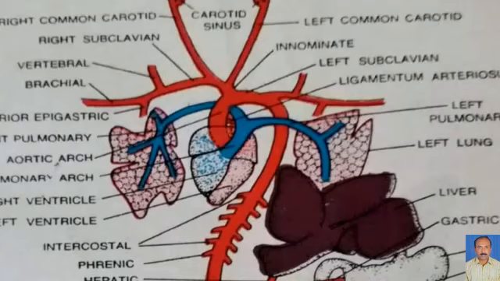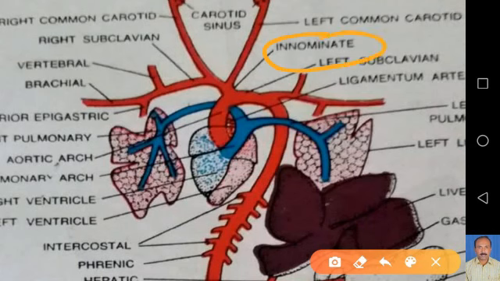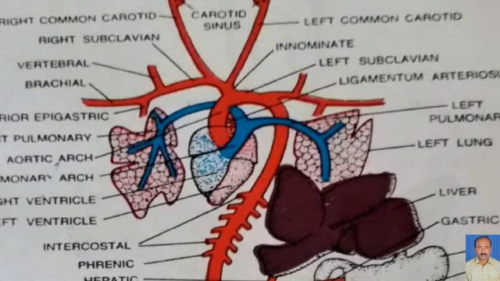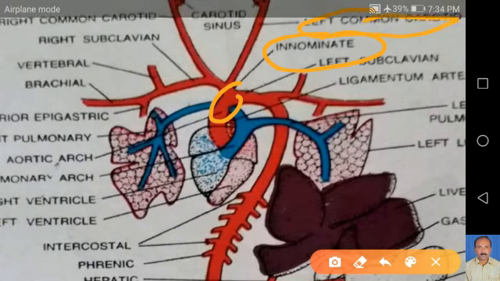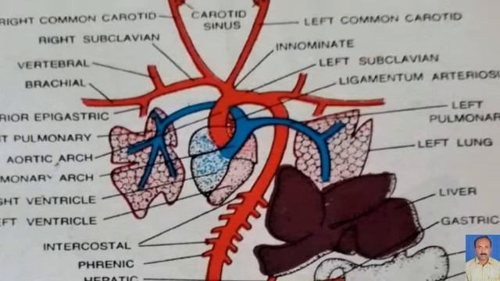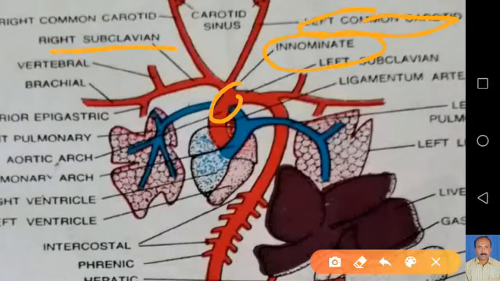Next, innominate artery. It is a very short median vessel and leaves the aortic arch just in front of the heart. It soon gives off the left common carotid artery and then divides into two arteries, the right subclavian artery and the right common carotid artery.